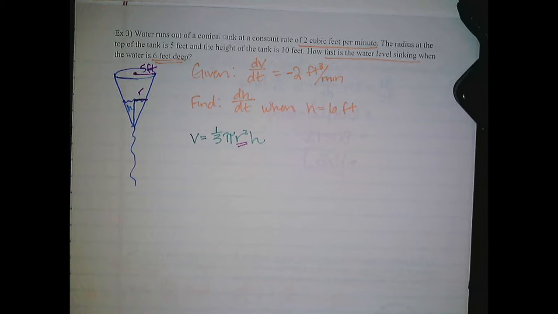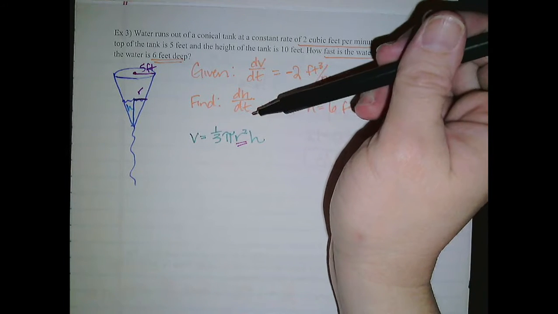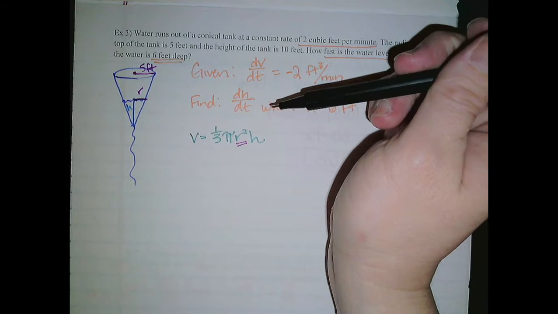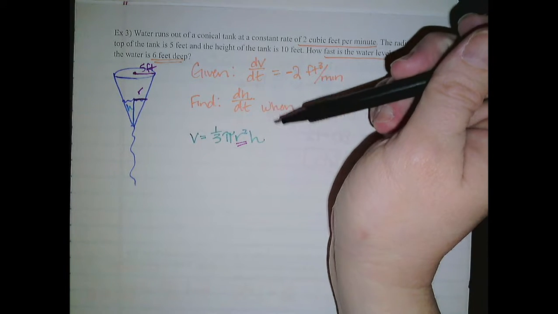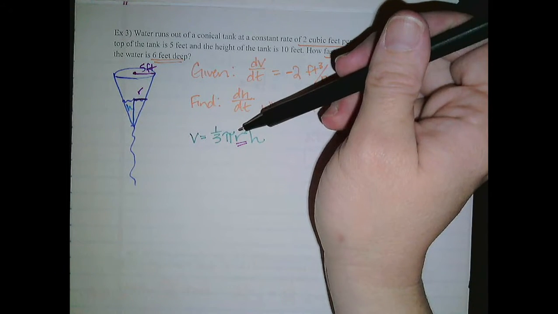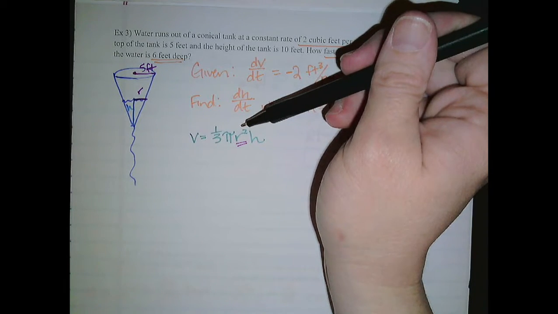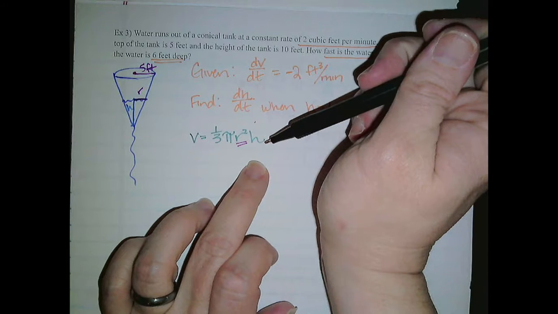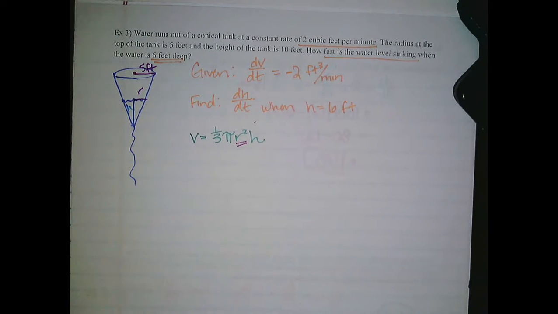So what we're going to have to do is take our variables here, r and h, and come up with some kind of relationship that is going to allow us to eliminate this r. So we have an equation that's solely in terms of V, the rate of change that I know something about, and h, the rate of change that I'm looking to find something out about.